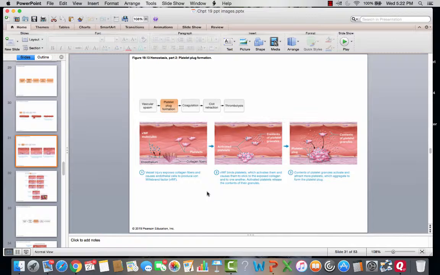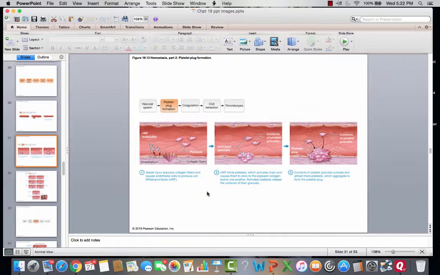They're going to act as attractants not only to help plug up the hole, but also to attract other white blood cells in the area. So the term chemotaxis is going to apply here as well.